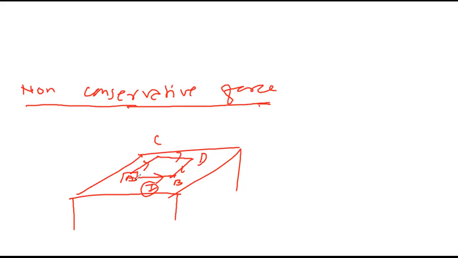Now clearly you can see that the displacement of A to B is less as compared to A to C, C to D and D to B. That means work done in the first path is definitely not the same as work done in the second path, because each has a different displacement. Also in the closed path the total will not be 0, only then is this possible. If path 1 and ACD were the same, one positive and one negative, the answer would become 0. So in a closed path work done is not equal to 0.